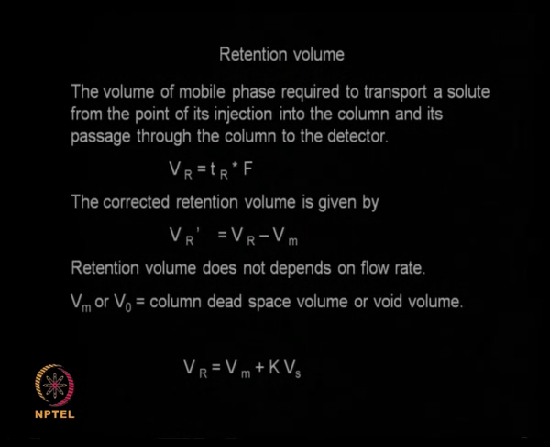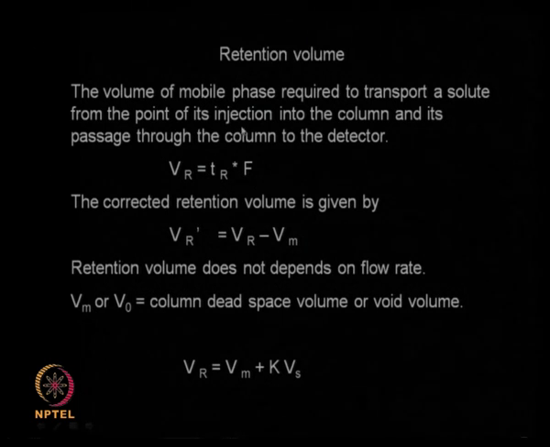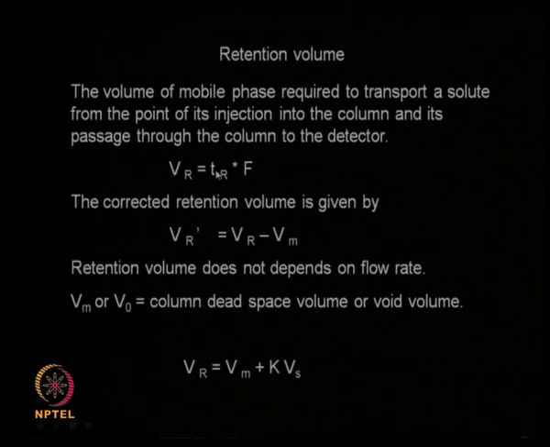Now again let us go back to the retention volume, which is also the same as retention time. Retention volume is the volume of mobile phase required to transport the solute from the point of its injection into the column and its passage through the column to the detector. So Vr is equal to Tr into F, where F is your flow rate and T is your time.